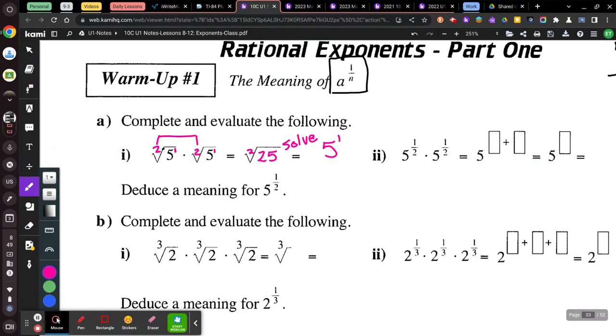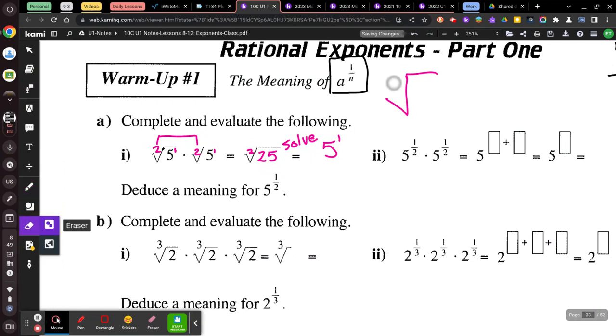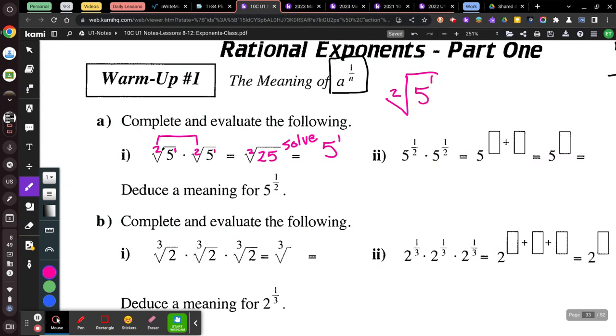So your index is sliding over. I'm just going to draw it bigger so you can see. Whoopsie, the 5's in the wrong spot. So if I've got my 2, my 5 to the 1, this 2 slides over, and it's going to go underneath the 1 to get rid of our root sign. And that's how we create a fraction.